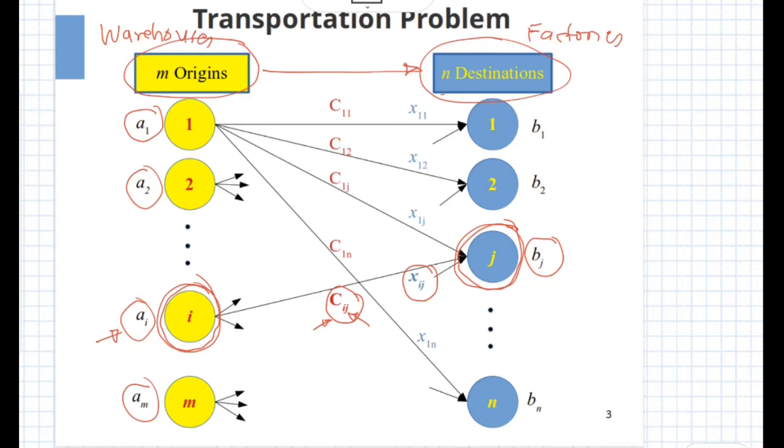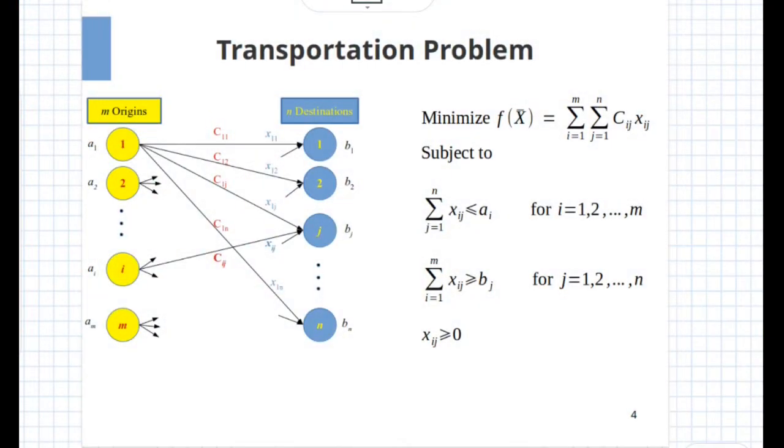Let's put this problem in a more standard linear programming format. So what we are talking here is from every origin, certain quantity will be transported to different destinations, and each of this transport will involve certain amount of cost. If we add up all the costs involved from different origins to different destinations, we will get the total cost.